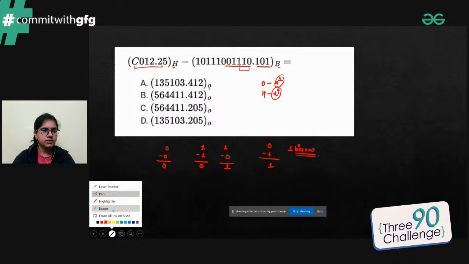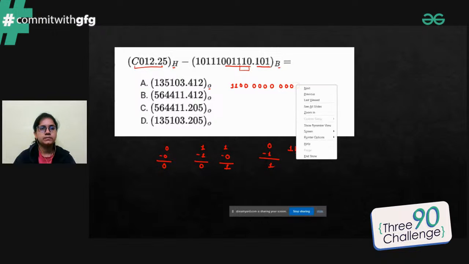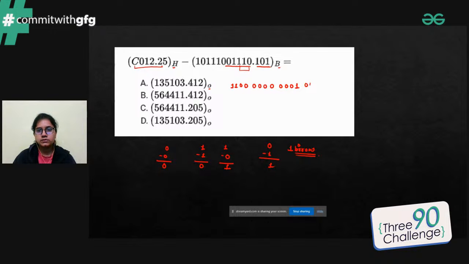So let's try to convert this hexadecimal into binary. It is very easy. How is C represented in binary? Yes, absolutely correct, Nishu. C is represented as 1 1 0 0. 0 is represented as 0 0 0 0. This 1 is represented as 0 0 0 1, and this 2 is represented as 0 0 1 0.